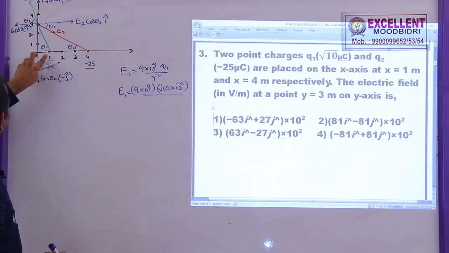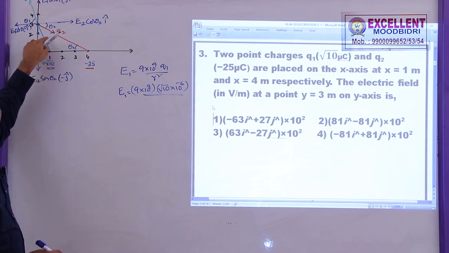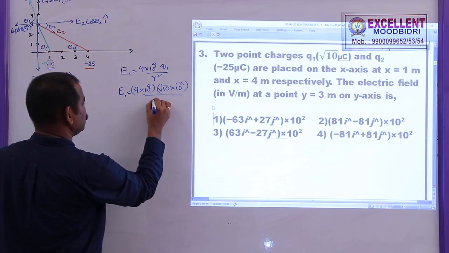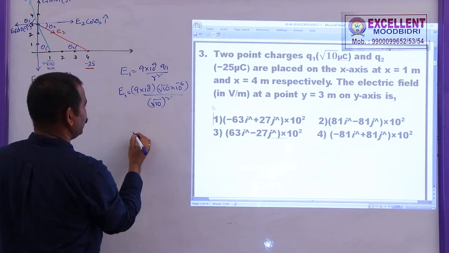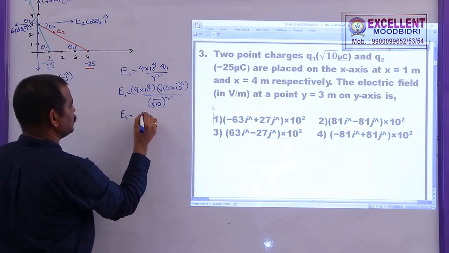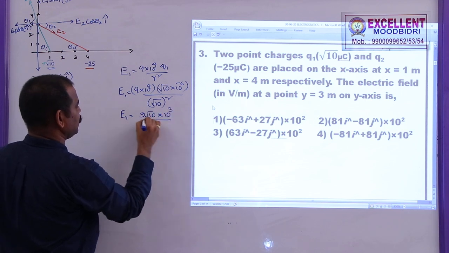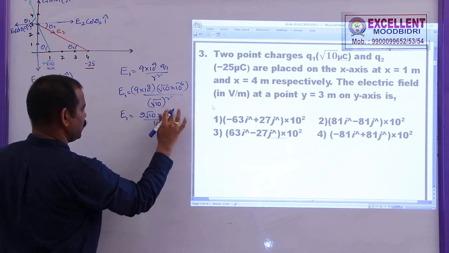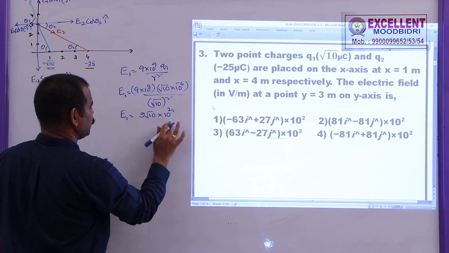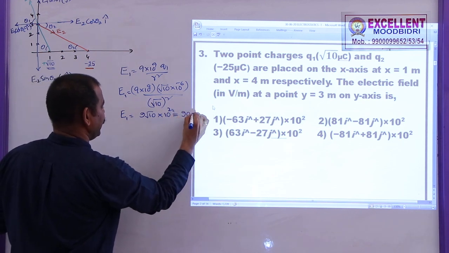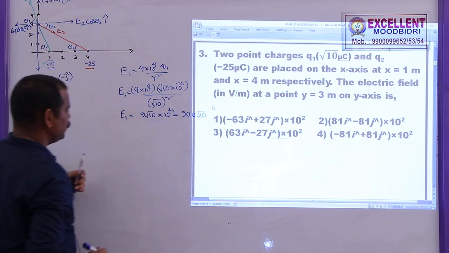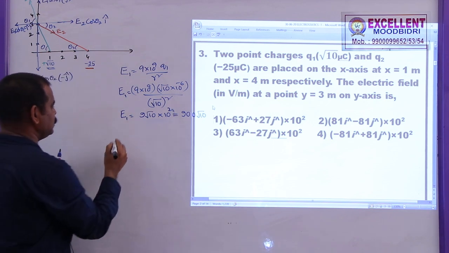As it is 3 and 1, this is root over 3 square plus 1, root 10. So this is root 10 whole square. Now E1 can be written as 9 root 10 into 10 power 3 by 10. So the answer for this part is 900 root 10. This is E1.